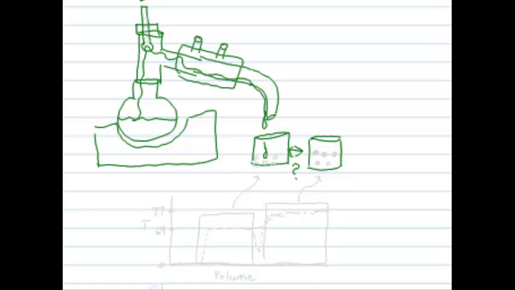Well, one way is to add a thermometer, and we can track the temperature of the inside of the flask as the distillation takes place. So if we look at the volume of liquid that is coming over through the distillation apparatus, and we look at the temperature of that liquid or vapor at that point as it goes through, what we'll see is that with increasing volume, the first fraction that comes off will correspond to the 69 degrees, whereas the second fraction will correspond to the 77 degrees.